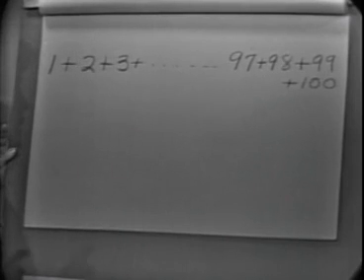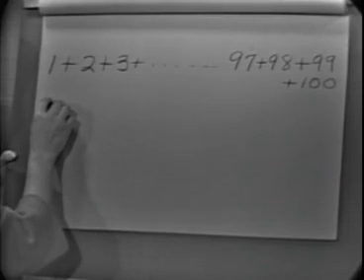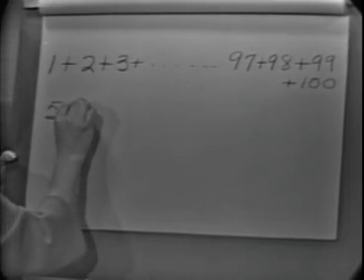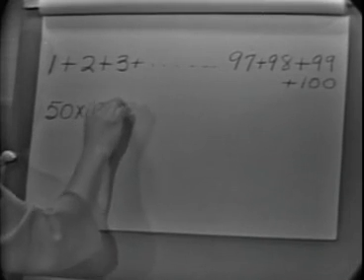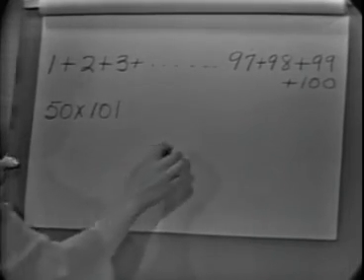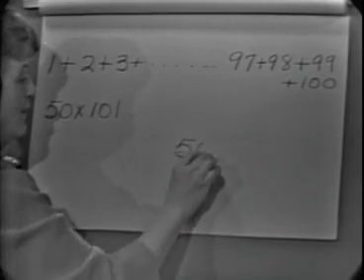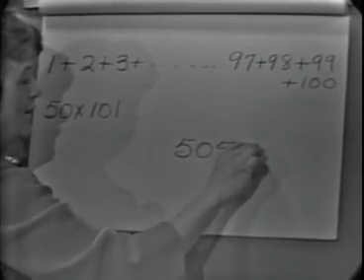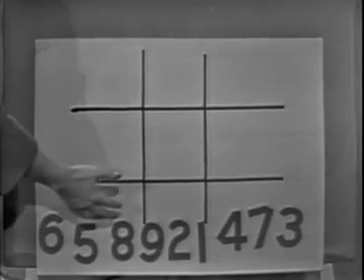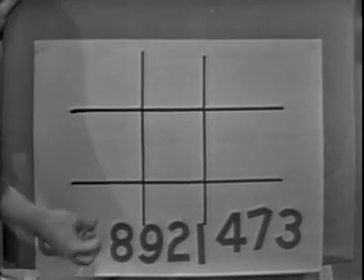He would have 50 such pairs, or the product 50 times 101 would express the sum. He wrote 5050.